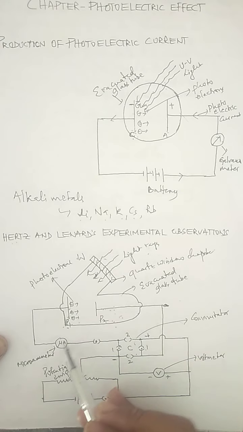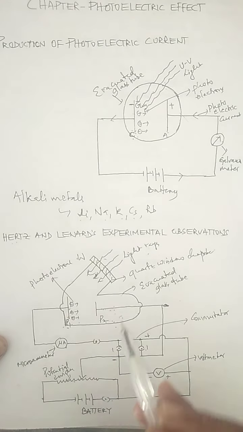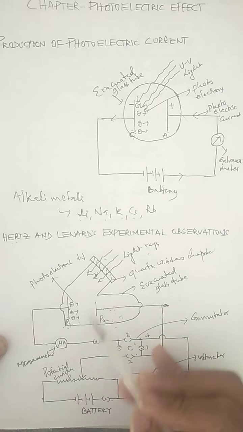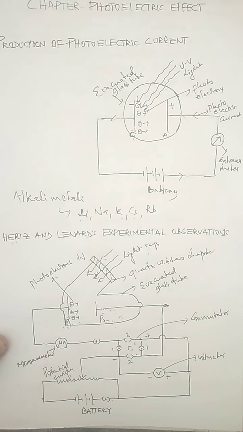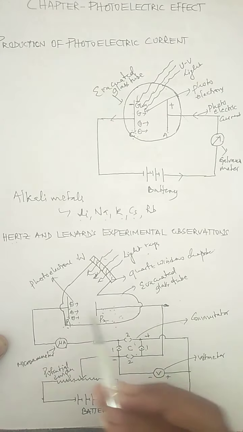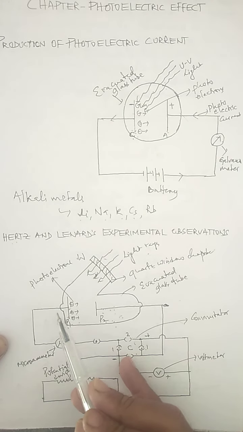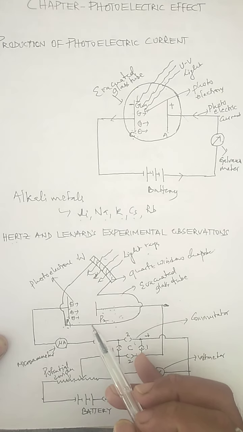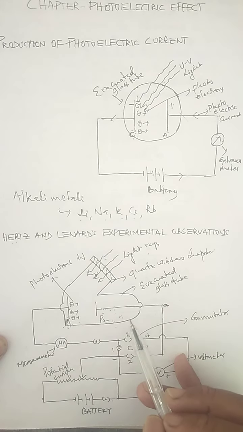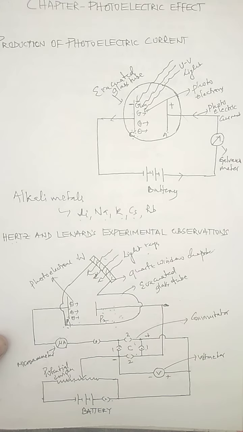Whatever photoelectric current is flowing through the circuit remains constant, so it is not affected by increasing the positive potential of P2 with respect to P1. This is actually due to what? All the photoelectrons emitted from this plate P1 acquire a maximum what? Maximum kinetic energy, and they reach the plate P2.